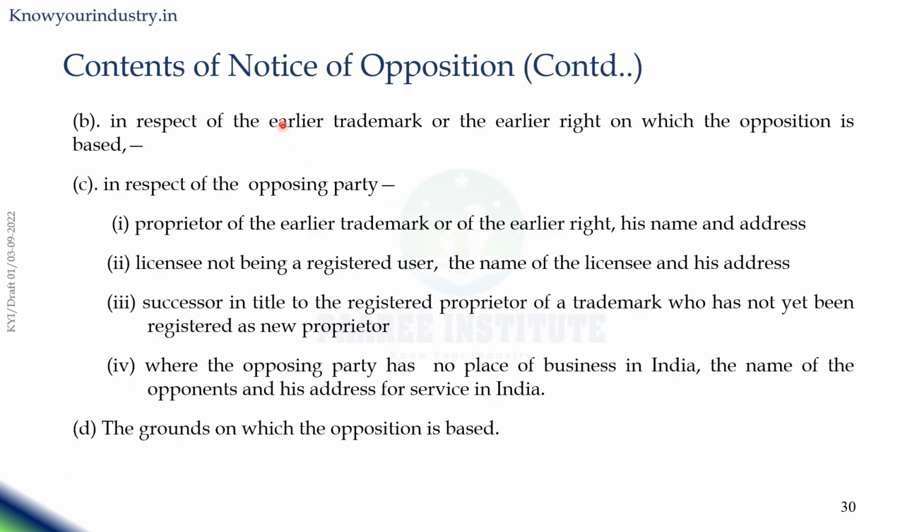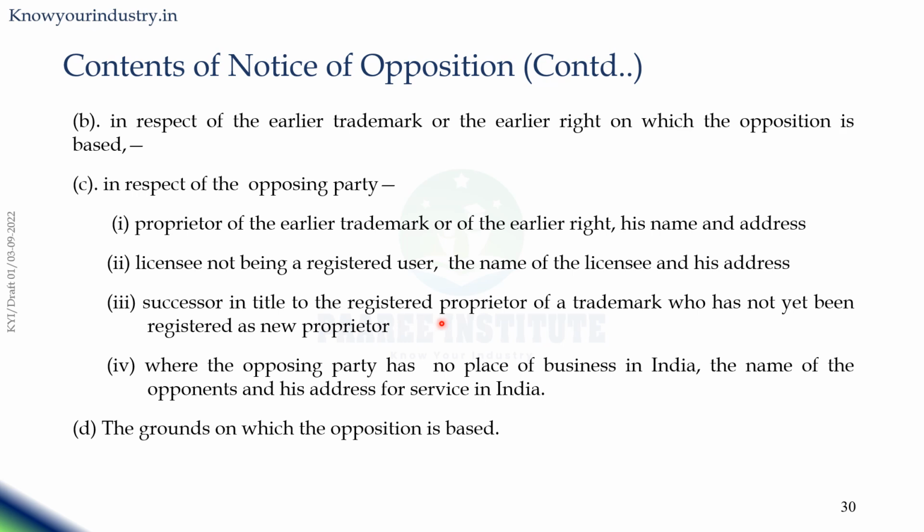Suppose the opposition is based on an earlier trademark or an earlier right. In respect of the opposing party, the proprietor of the earlier trademark or earlier right, his name and address should be notified in the notice of opposition. Licensee not being a registered user: the name of the licensee and his address.